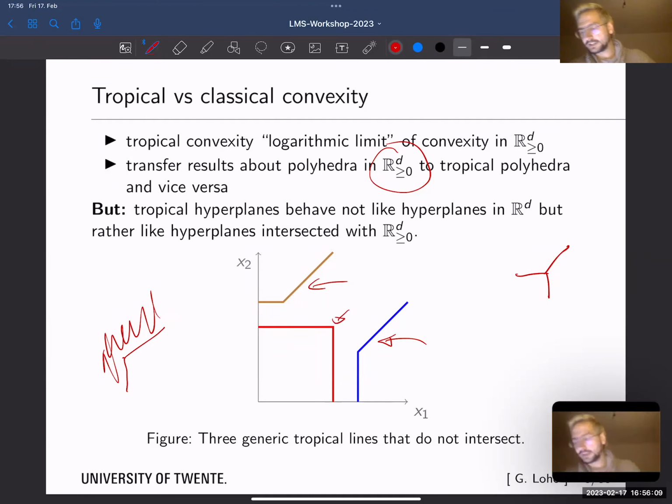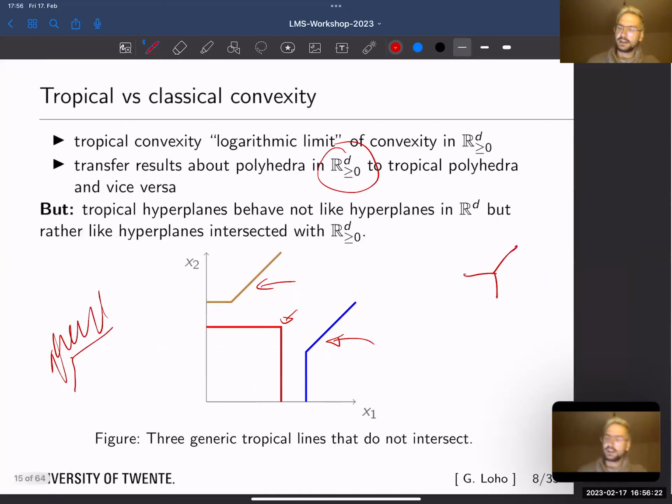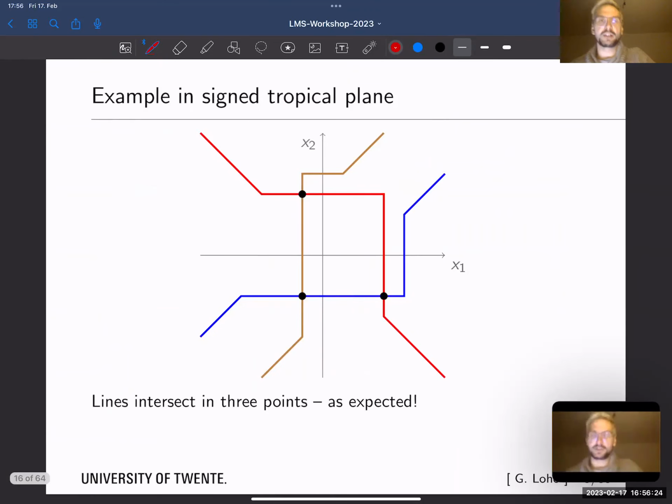Yes, but okay, so in the plane, this means we have actually 3 lines, but these 3 lines are really generic in some sense, but they do not intersect, and that's not very desirable, right? And this is also where the sign tropical convexity comes in. So we really want to extend to the other orthants, and I did not tell you now how one can do this.